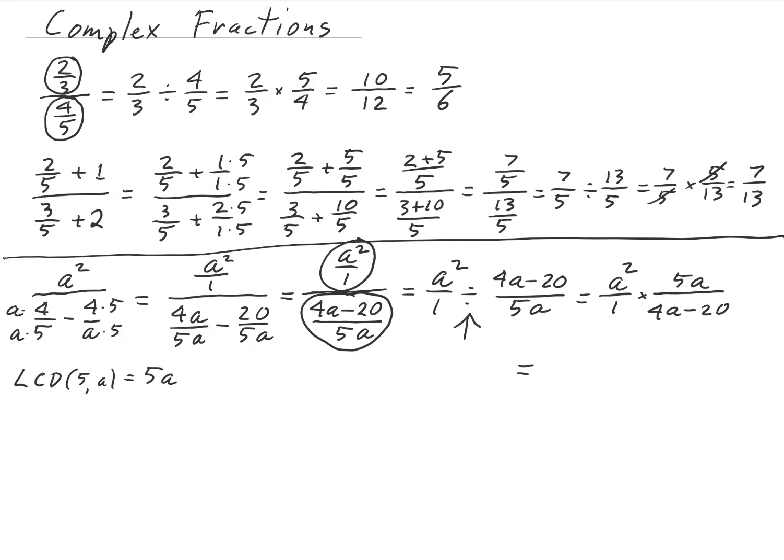Now we can multiply these two fractions together by multiplying the top of the fractions together. A squared times 5a is 5a to the third, and 1 times 4a minus 20 is 4a minus 20. And we're finished. That's the final answer.